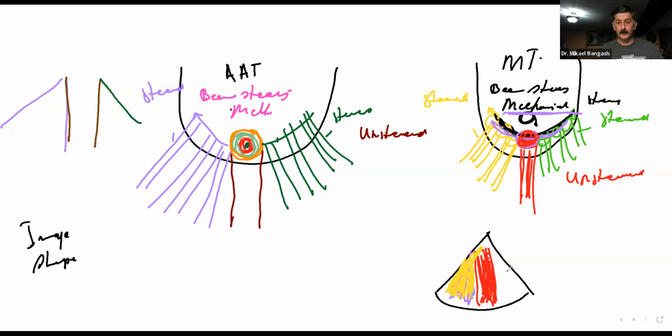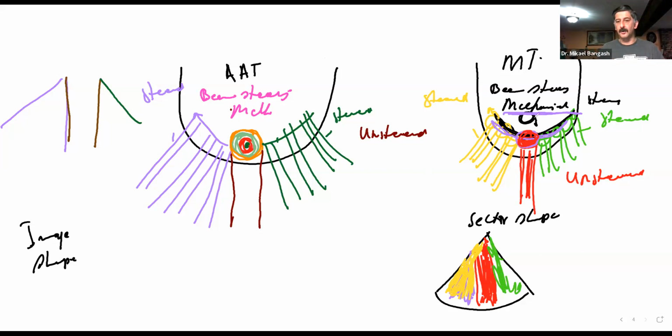And this one here is when it is steering right. But this shape here is what we called sector shape.